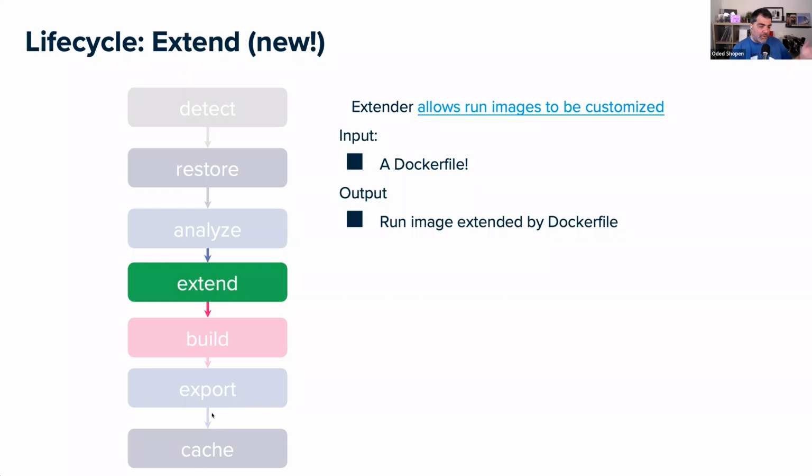Maybe I want to make an API call somewhere. Maybe I want to execute some batch job, whatever it may be. So extend is a part of the lifecycle where you can actually give it a Dockerfile, so it can do anything you can imagine during the process. Okay, so this is a very powerful addition. So you can make build packs both compliant and repeatable, but also extensible if needed.